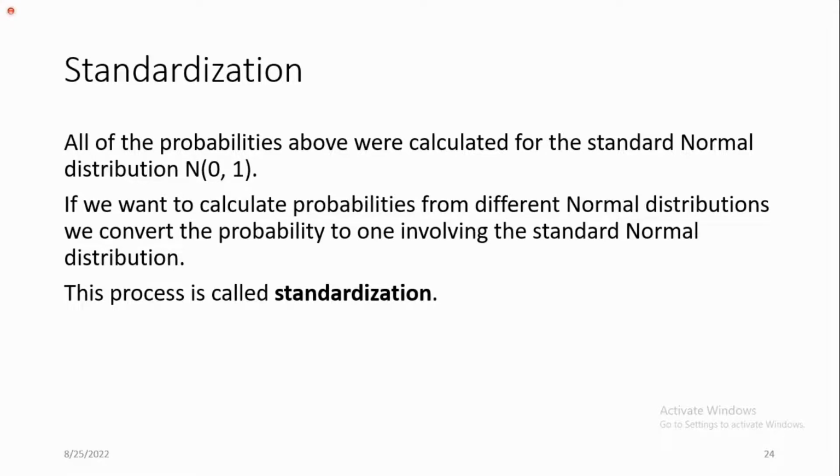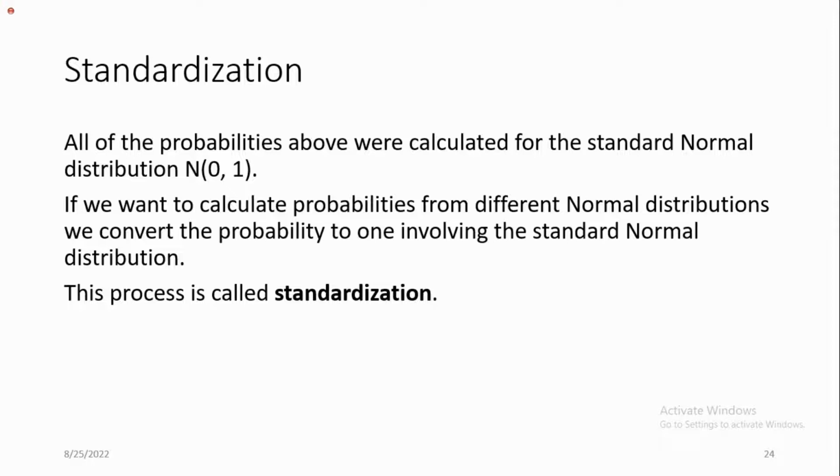All A-level students have a Z score value. What do you mean by Z score? Z value. Z score means Z value. Z means what? Z in statistics has only one meaning, that is standard normal random variable, which means a normal random variable with mean 0 and variance 1.